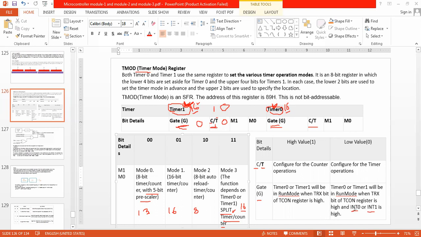What are the pin numbers of INT0 and INT1? 16 and 17.